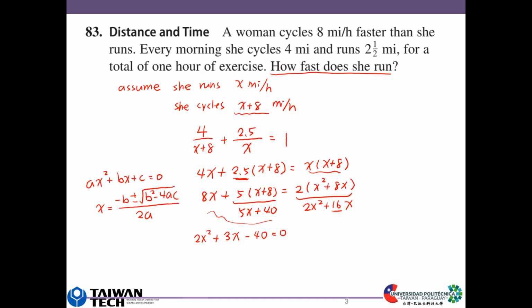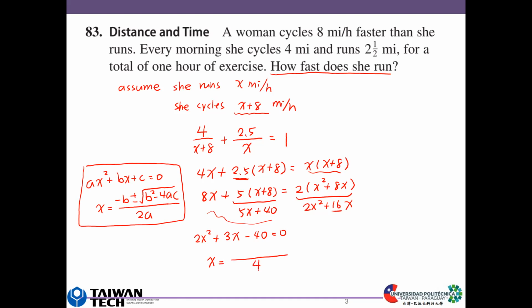So you have to memorize this solution of the quadratic formula, because this is so simple, and then you have to memorize it.